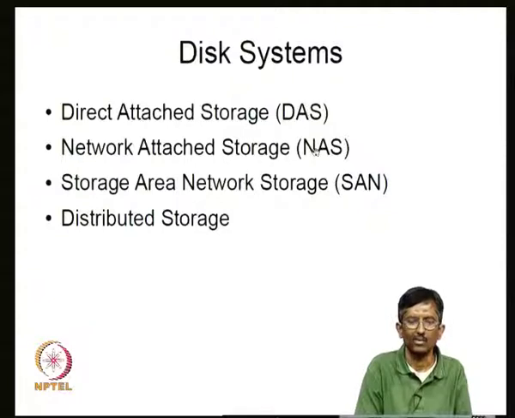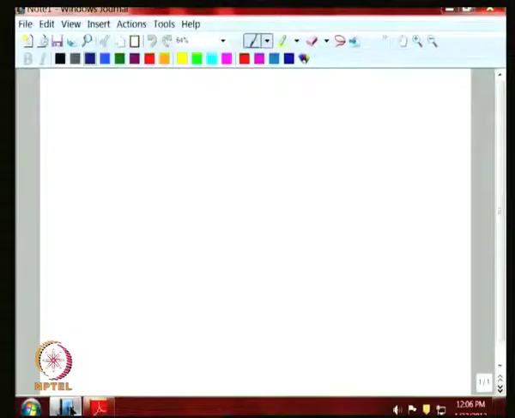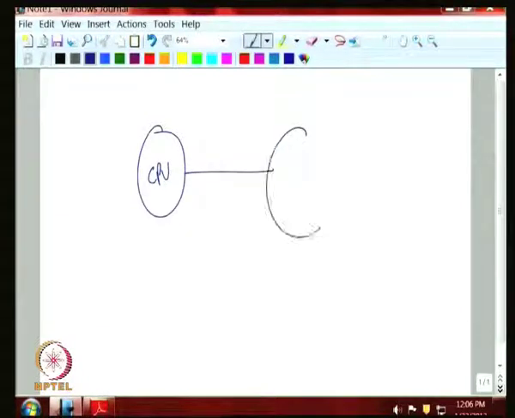So, essentially if you look at it, you might see the following. Let us call this the CPU, and this is, let us say, the NAS. Here you will only ask for files.